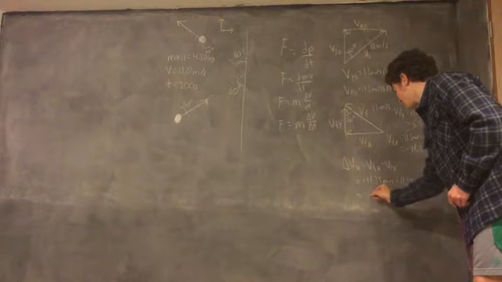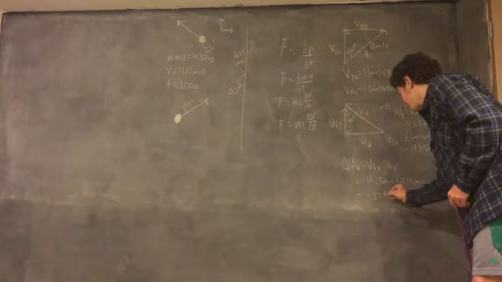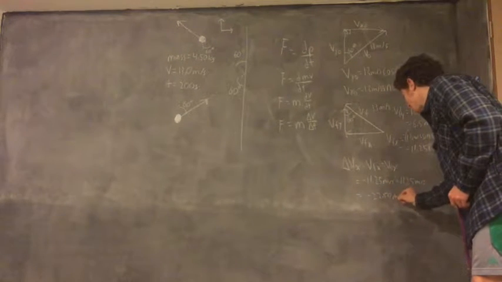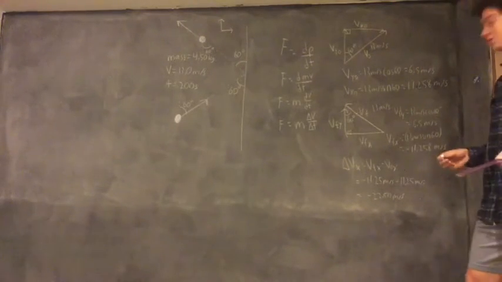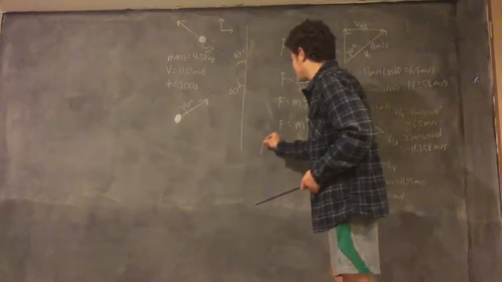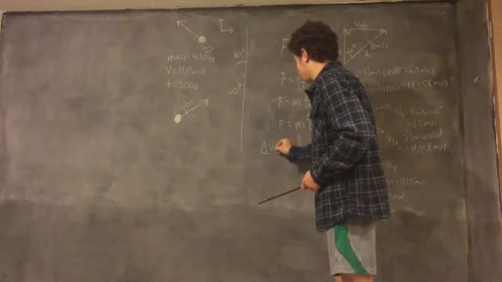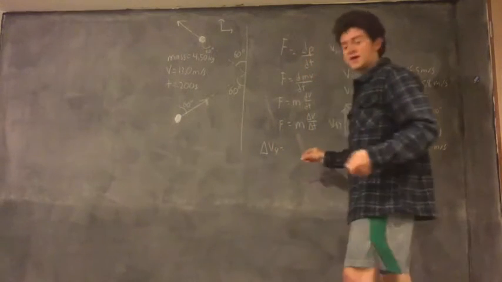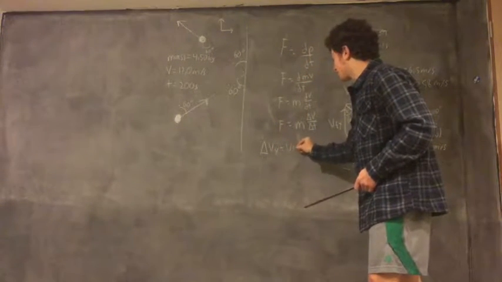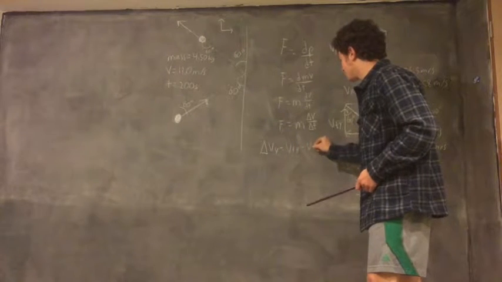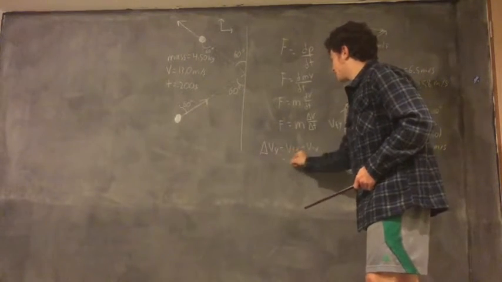And this turns out to be negative 22.50 meters per second. In the vertical direction, the change in velocity is again equal to the final vertical velocity minus the original vertical velocity.